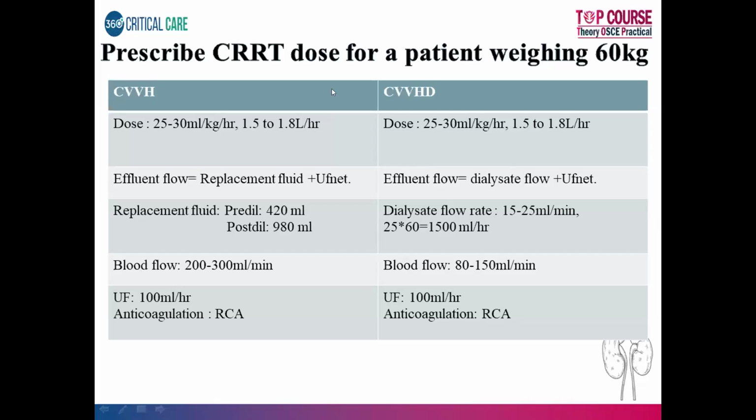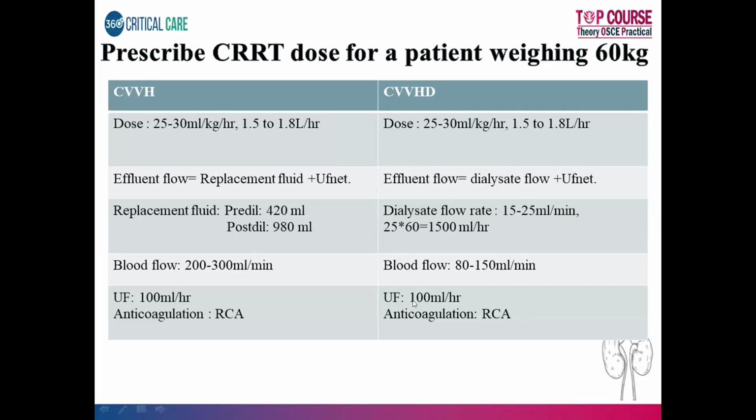Now next is the CVVHD. In CVVHD, we don't use the replacement fluid. What we use is only the dialysate fluid. The dose is the same, 25 to 30 ml per kg, so it comes to around 1.5 to 1.8 liters. Here the effluent flow is the dialysate flow plus net ultrafiltration rate.